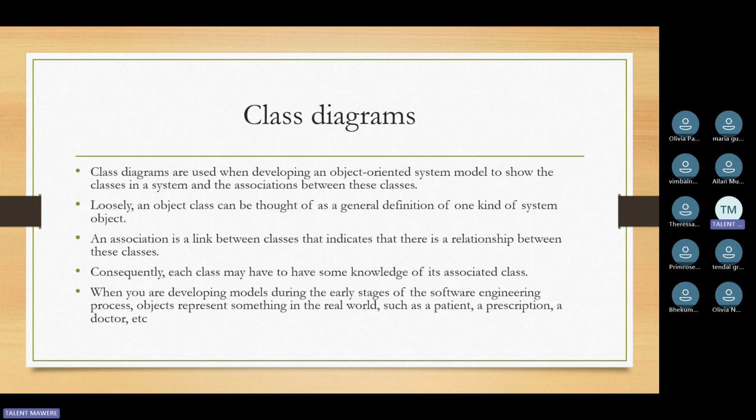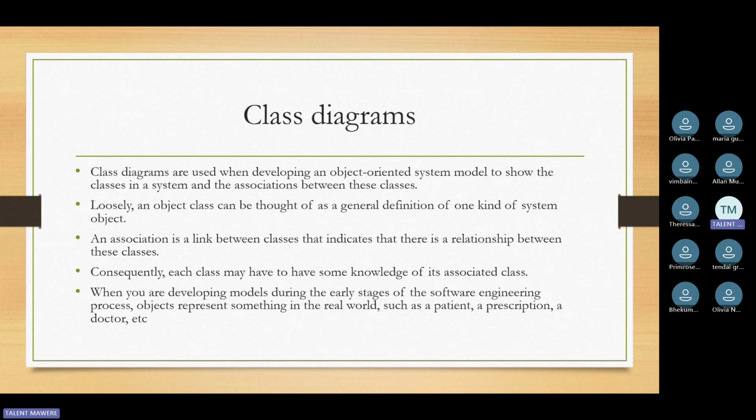It can be thought of as some kind of system object or entity. Then what's an association? An association is a link between classes that indicates that there's a relationship between these classes. So what are we saying? We're saying that each class may have some knowledge of its associated class.